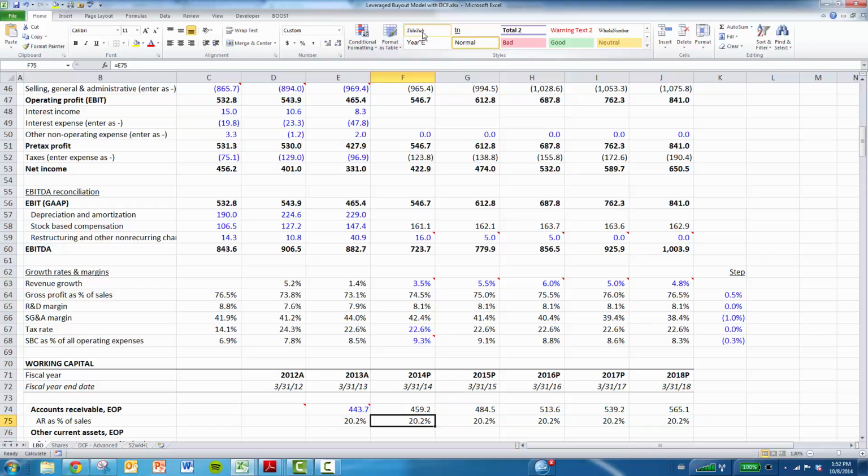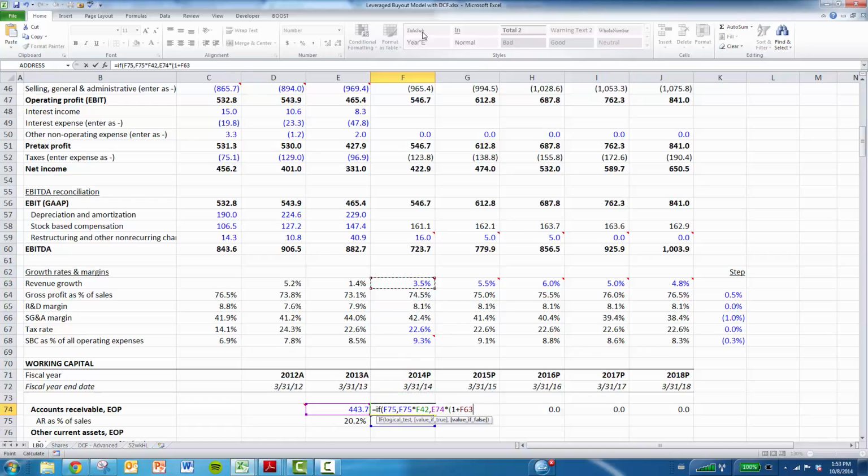A couple of bells and whistles you could add to this. For example, if you don't really want to have a thesis here, you don't want to put anything in here, you can add an if statement that says if there's something in here, then use this formula. But if there's nothing in there, then just grow accounts receivable by what it was last year by the revenue growth rate.